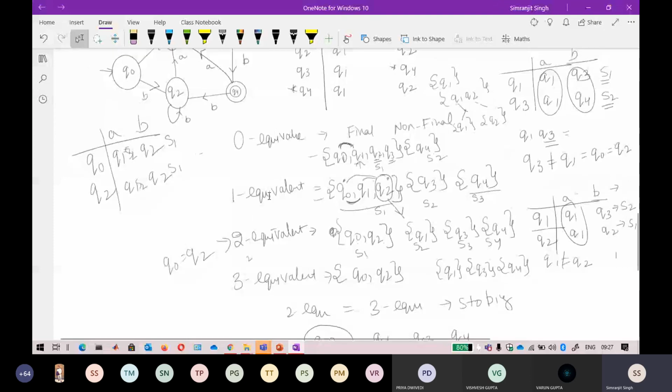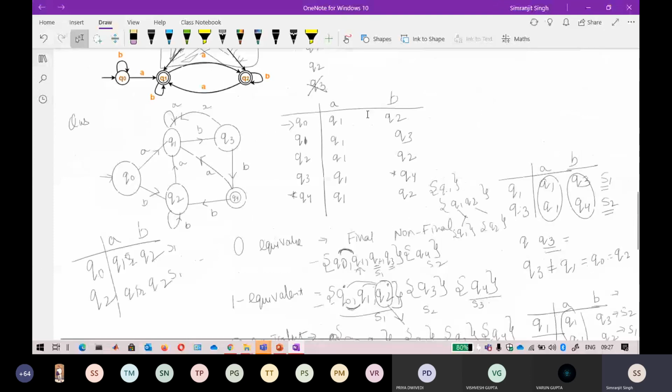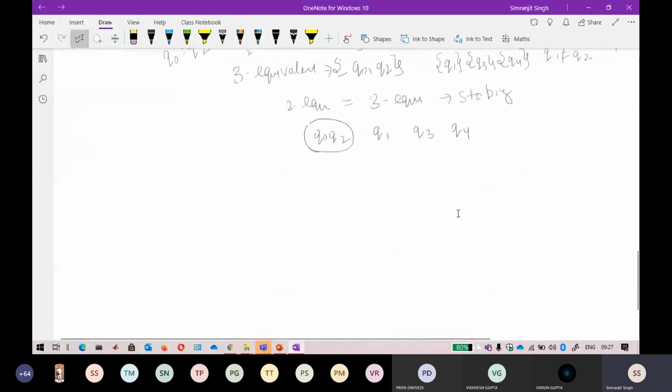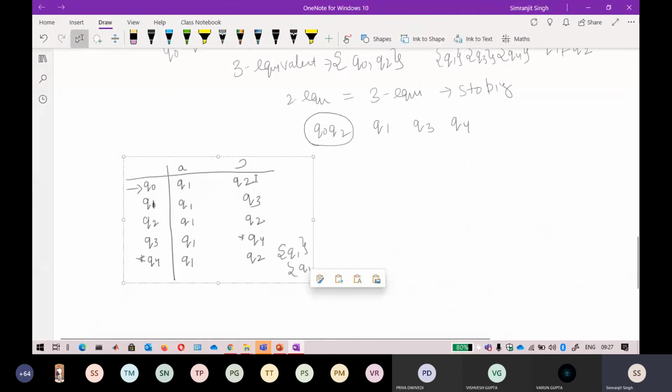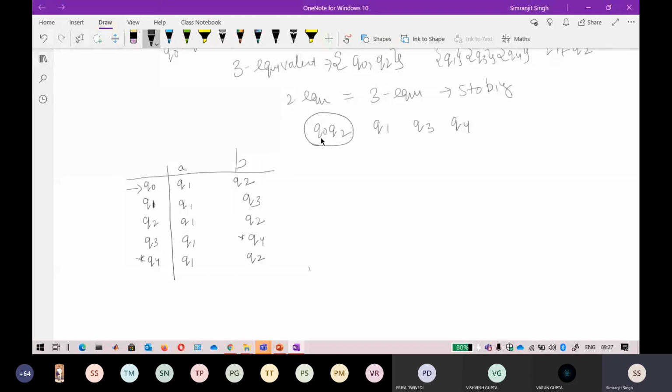Again, I will write again. Just wait for it. I want to copy this. So this is our original table. Now what I have to do in this original table is that wherever there is Q0 written, I will add Q2 to it.